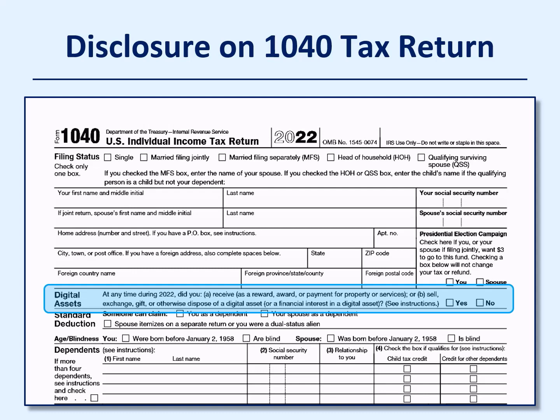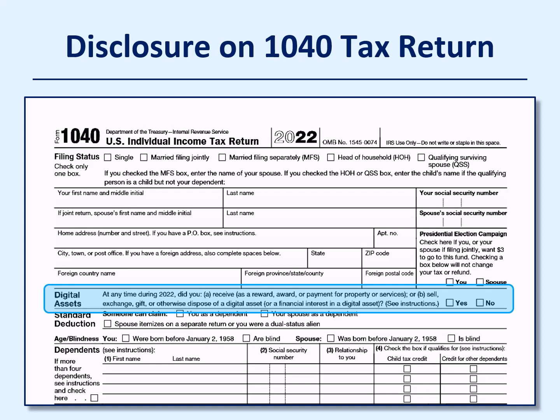So when should you go ahead and mark yes? Well, if you've received digital assets as a form of payment or as a reward or an award, you should go ahead and check yes. It's pretty clear in the question in and of itself that's what you should be doing. Also, if you've disposed of a digital asset, whether that you sold it or you've disposed of it as a payment, or you've exchanged or traded a digital asset, you should go ahead and check yes as well.